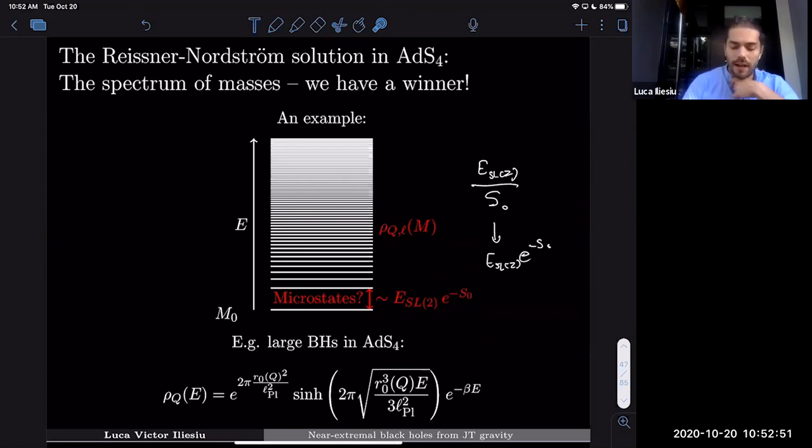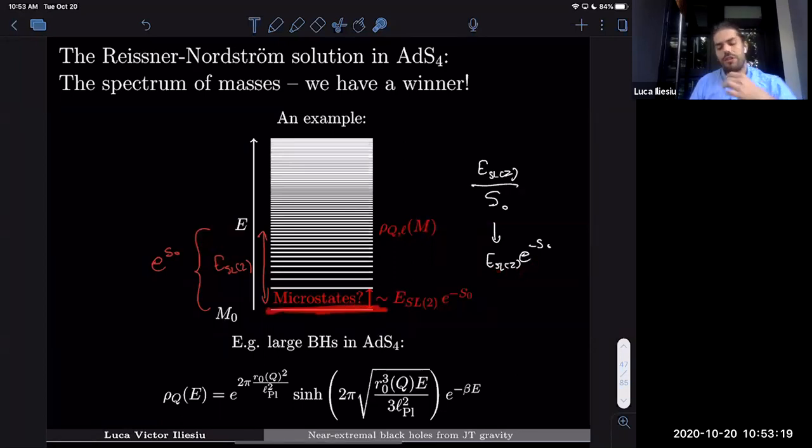Rather, E to the S0 is just the number of states contained within an energy interval given by this E_SL2. But if I trust something like an SYK completion, and say that the gap is E_SL2 times e to the minus S0, then the ground state degeneracy of the near-extremal black hole is order 1, as one should expect from the fact that we don't have any symmetry that protects this ground state.